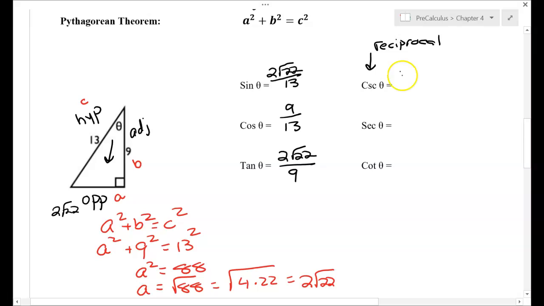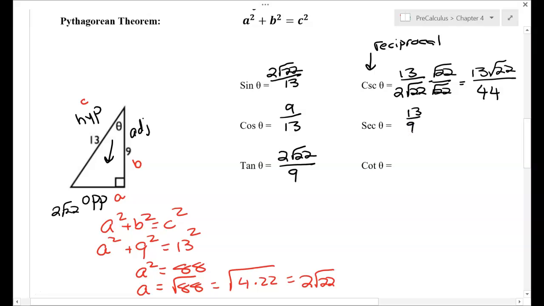So cosecant is going to be 13 over 2 square root of 22, because I just took the sine and flipped it over. Don't leave it like this. You have to rationalize. So I'm going to get 13 square root of 22 over 44. Secant, just do 13 over 9.